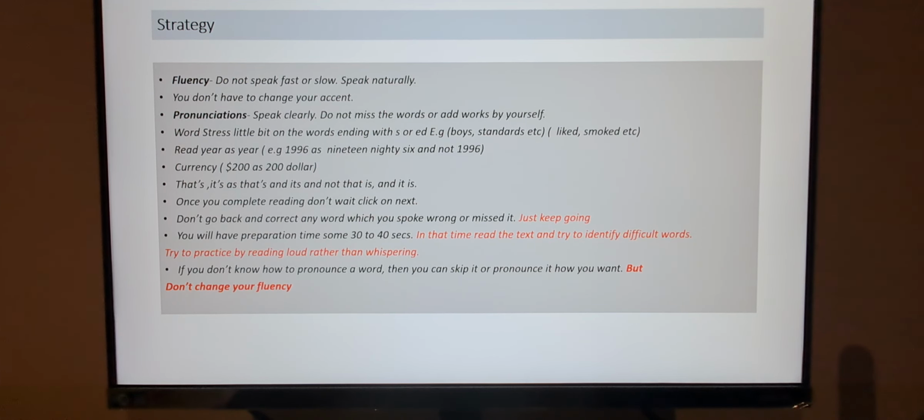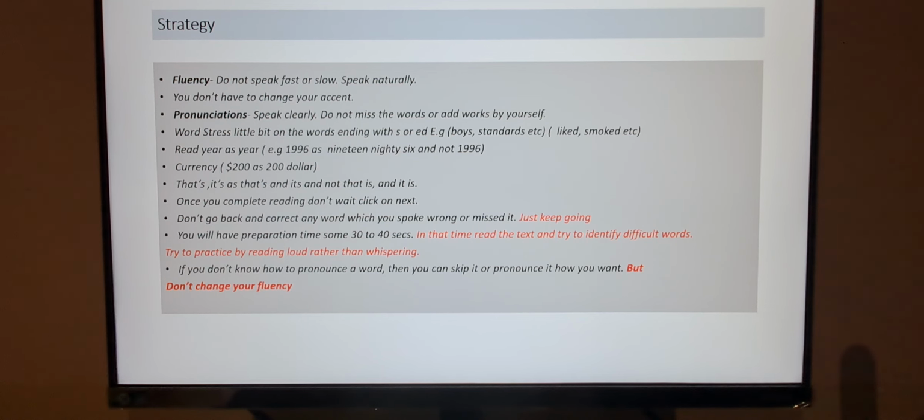Smoked. So you need to stress on those words to distinguish between smoke and smoked, like and liked, boy and boys, standards and standard. So be very careful when you find these kinds of words in the examination, right?